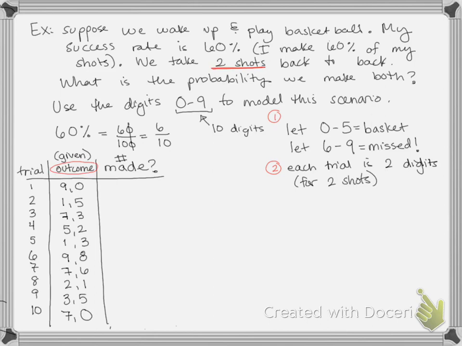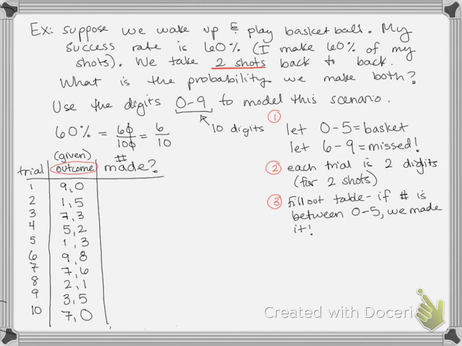And then what our goal is in step 3 of our simulation is going to be to fill out the table, right? If the number is between 0 and 5, we made it.